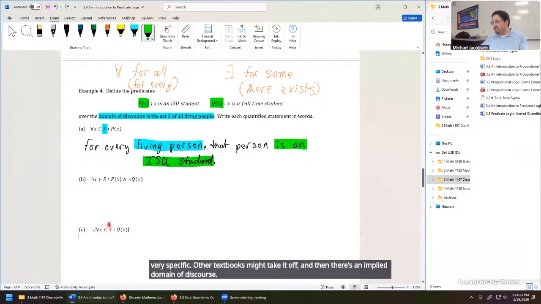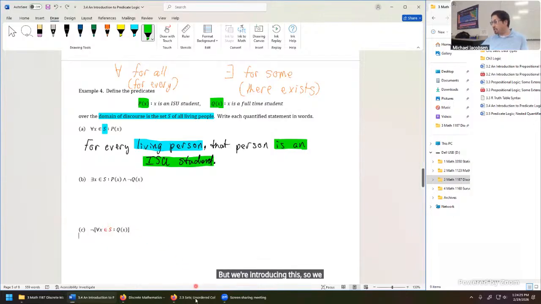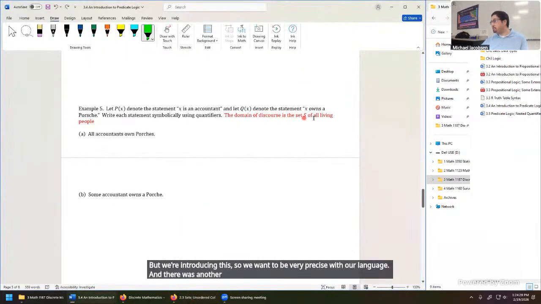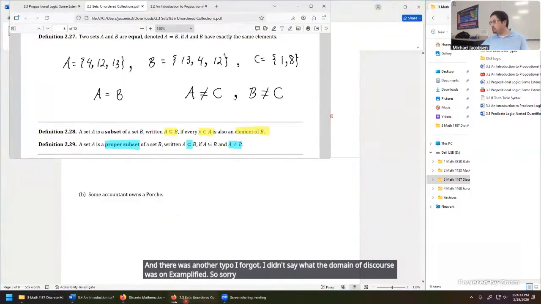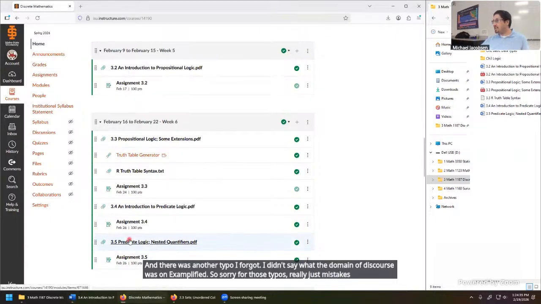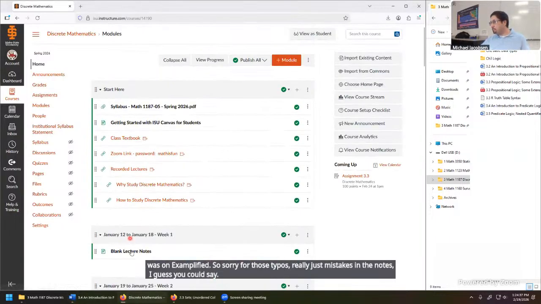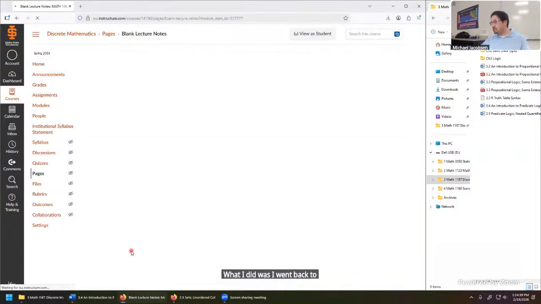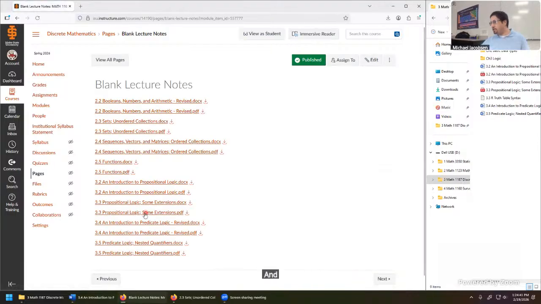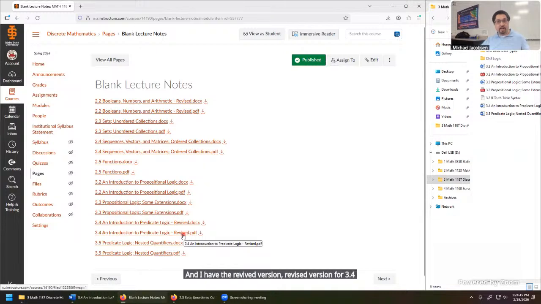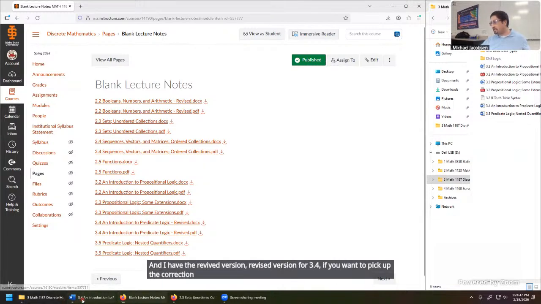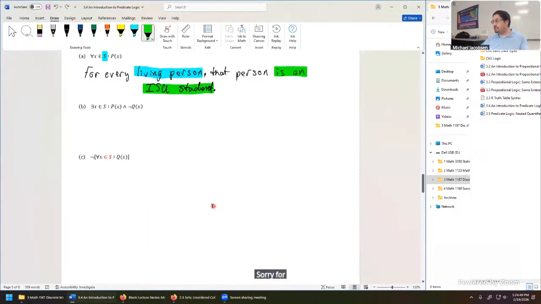But we're introducing this, so we want to be very precise with our language. And there was another typo I forgot. I didn't say what the domain of discourse was on example 5. So sorry for those typos, really just mistakes in the notes. I went back and have the revised version for 3.4 if you want to pick up the corrected versions. Sorry for the distractions on those.